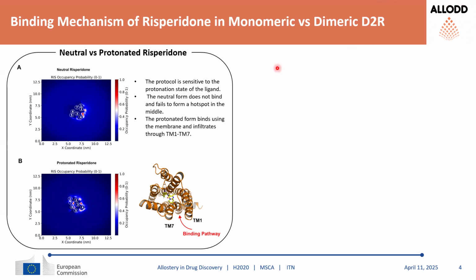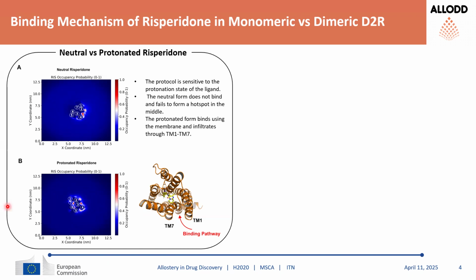Here you have a density hotspot map, and the red areas are showing where the ligand is mostly aggregating. As you can see, there's no aggregation forming in the middle of the helices because there was no binding. But once we switched to the protonated state, we see density hotspots forming in the middle, and we were able to characterize more than 40 binding events.